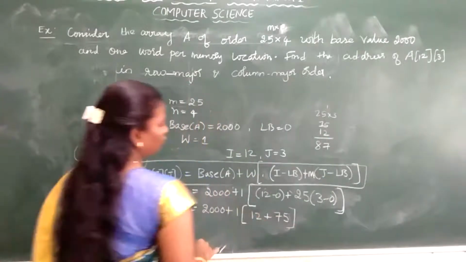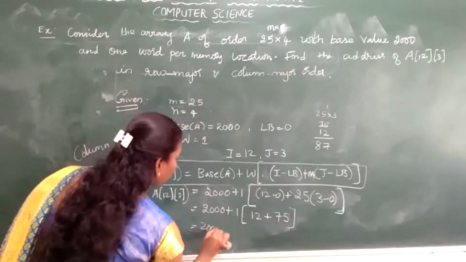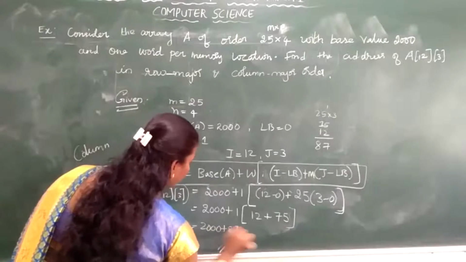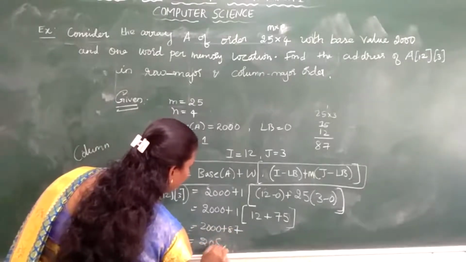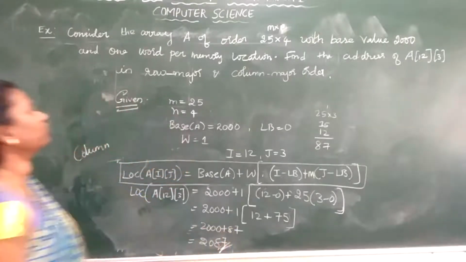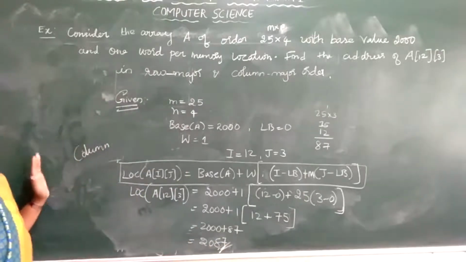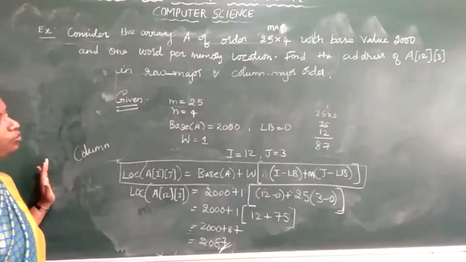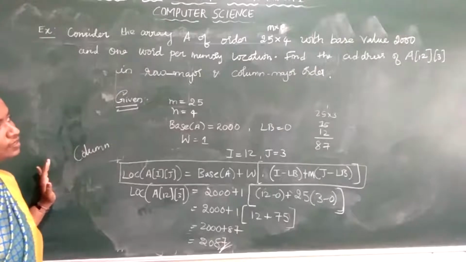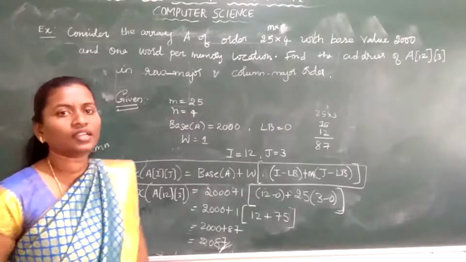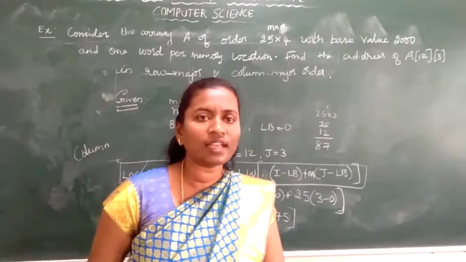So we have 2000 plus 87, which is 2087, the answer for your column major. This is about your row major and column major. Next we will discuss the advantages, disadvantages and applications of arrays, and we will wind up.